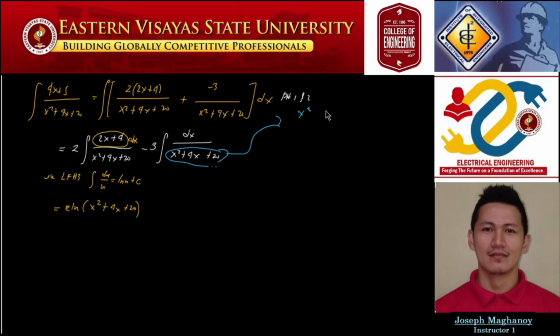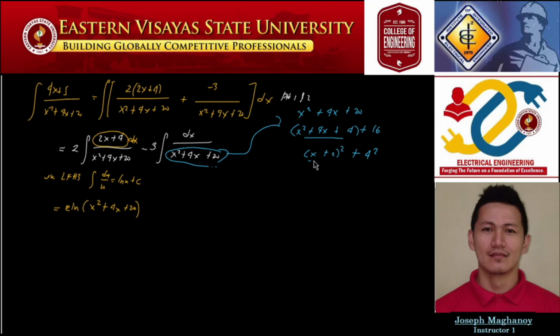So if we factor, we can rewrite x squared plus 4x plus 20 as x squared plus 4x plus 4 plus 16. So we have x plus 2 squared, and the square root of your 16, that is 4 squared.